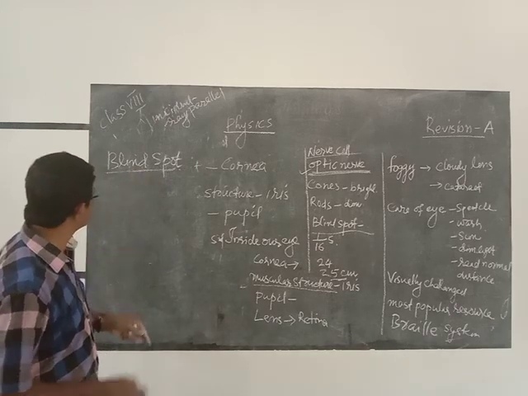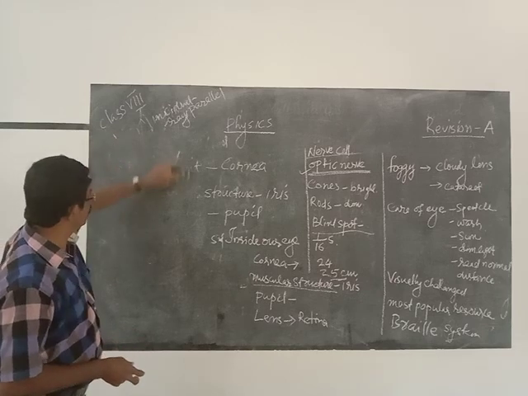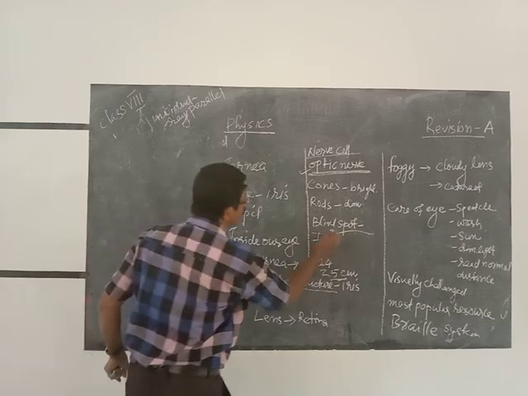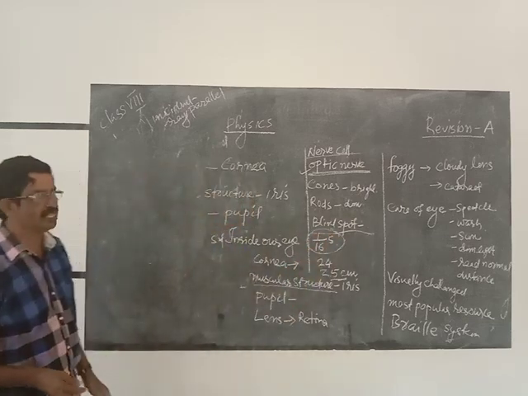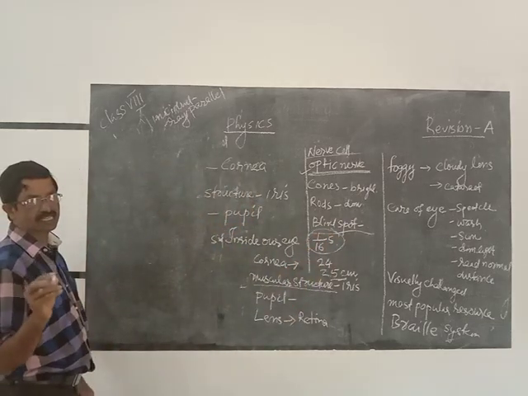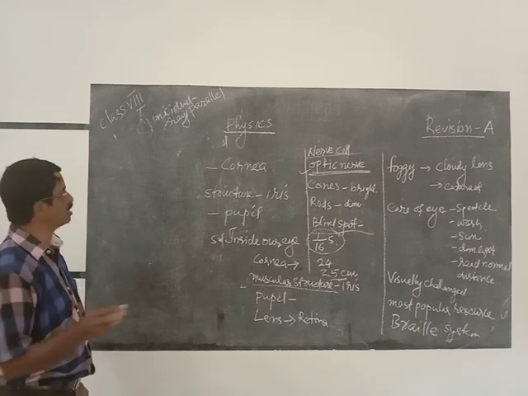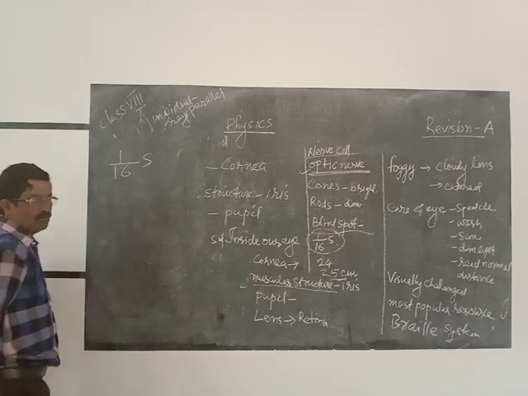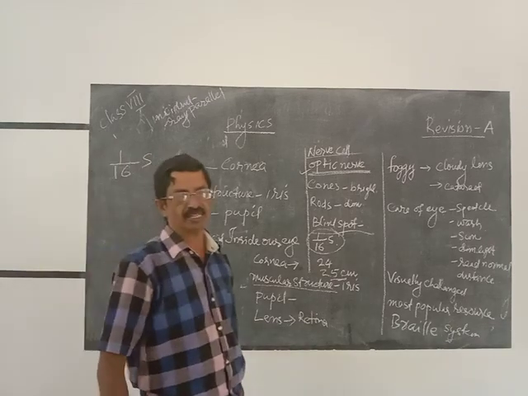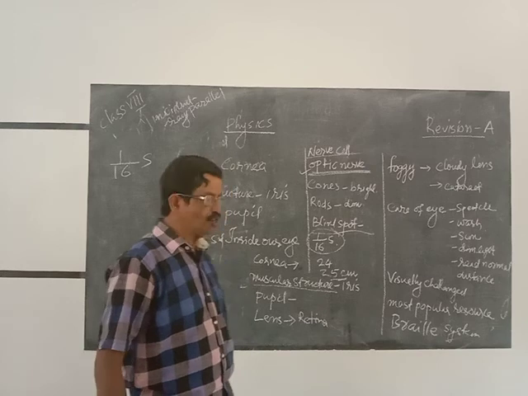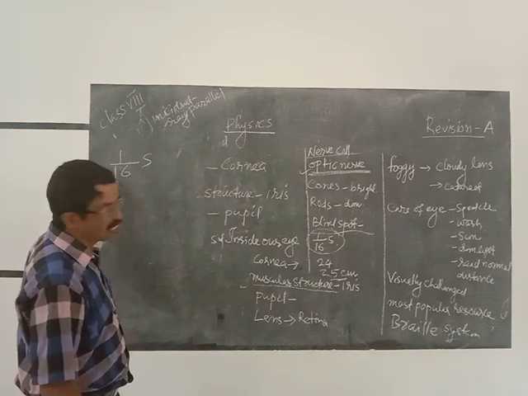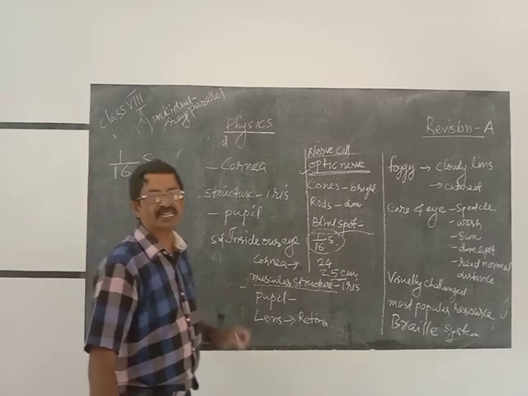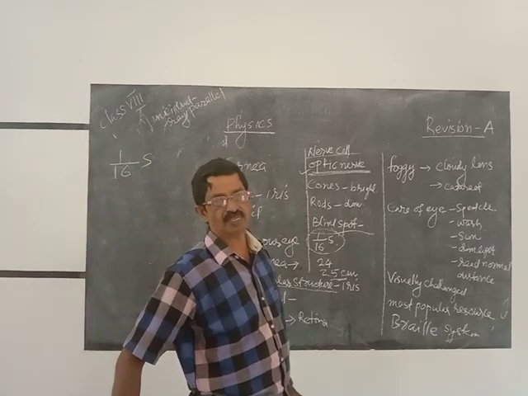Now you want to remember the persistence of vision. Here it is 1/16 second. Suppose we see an object. When we see an object, its image is retained in our retina for about 1/16 of a second.